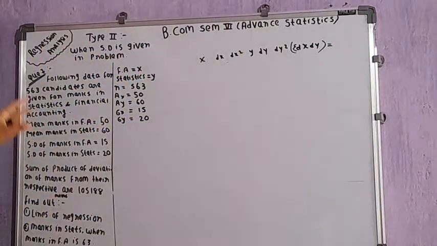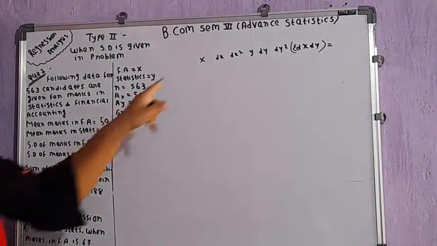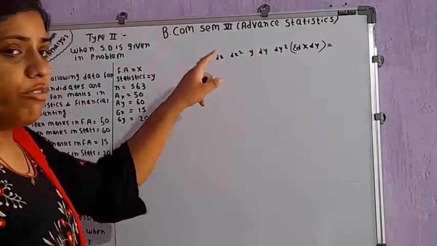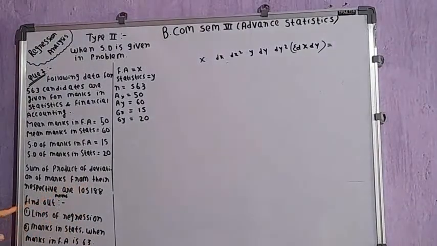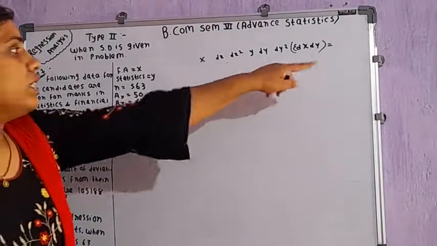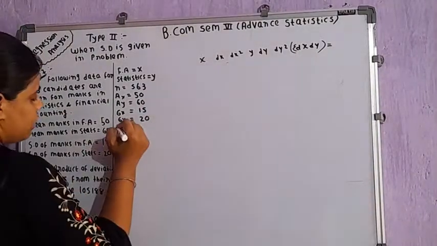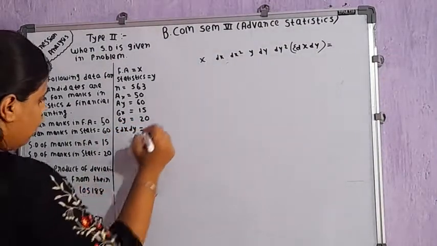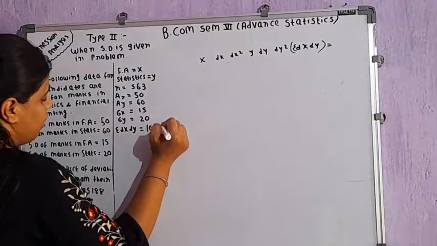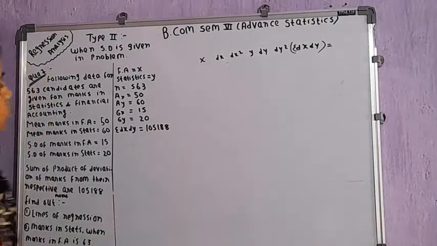That is why we do not have to prepare this table. So summation dx dy is equal to 105188, that is 1,05,188.